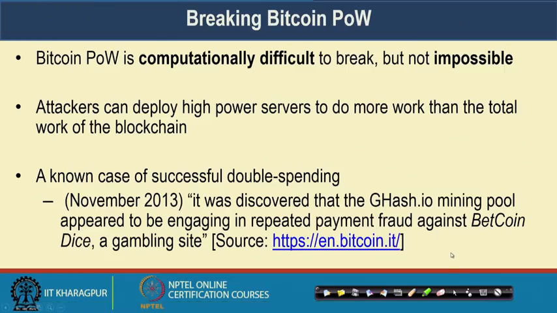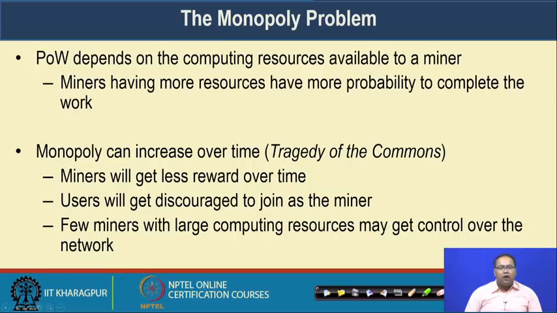That problem particularly comes because of something called the monopoly problem in proof of work based systems. Proof of work depends on the computing resource available to a miner. If a miner possesses a huge amount of computational resource, there is a possibility that the miner can control the entire network, because he has some huge hardware, some huge server like a GPU server, where he can do the hashing computation in parallel.